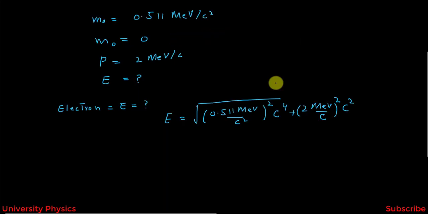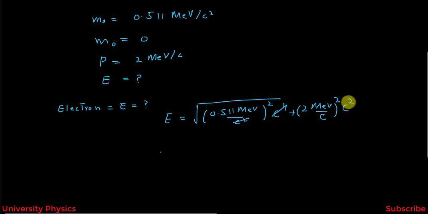If we look at this equation, this is c square and this is whole square, so it means this one is c4 and this is also c4. So these will cancel. Also, in this term, c is whole square, so c square and c square will cancel.